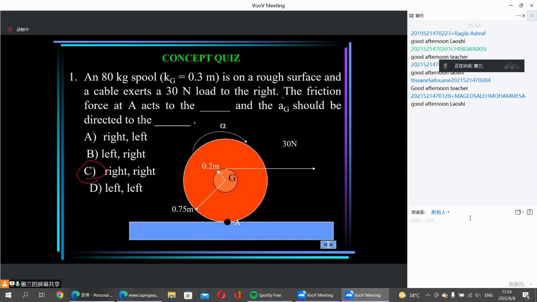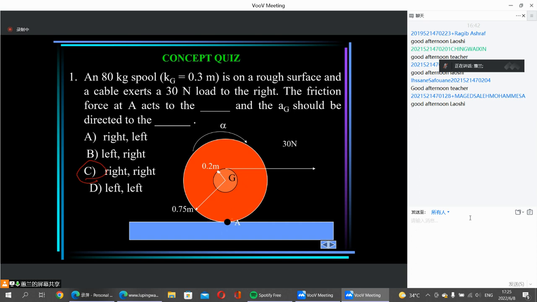Here, the friction force at A acts to the right or the left, and a_G should be directed to the right or left. We don't know, but we can assume there is no friction force, and so under the action of this force, we know the spool has a tendency to rotate clockwise. That means A has a tendency to move to the left.